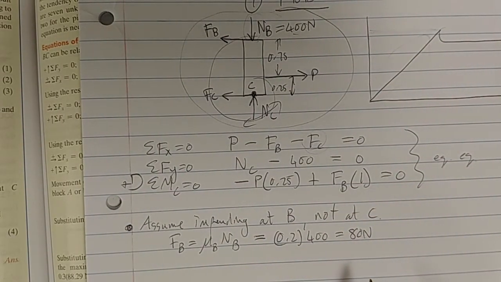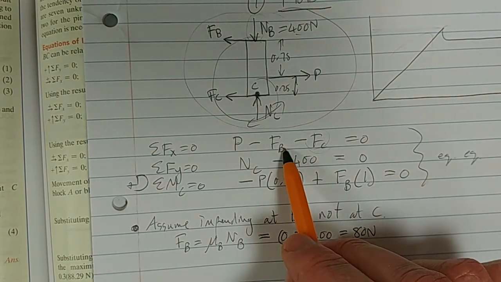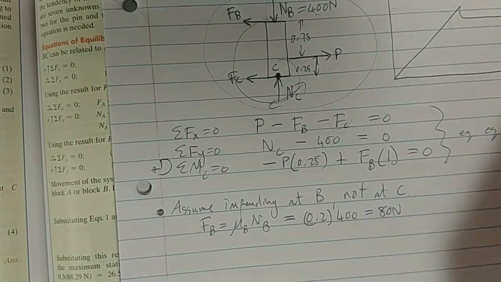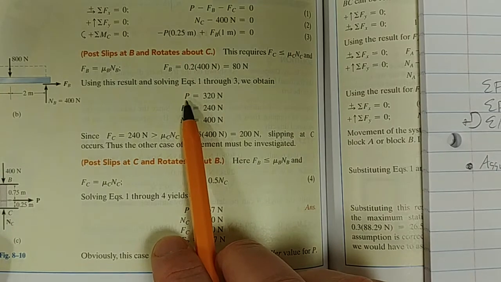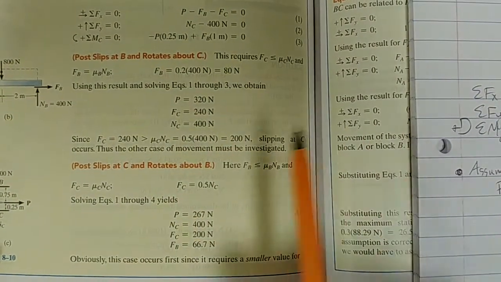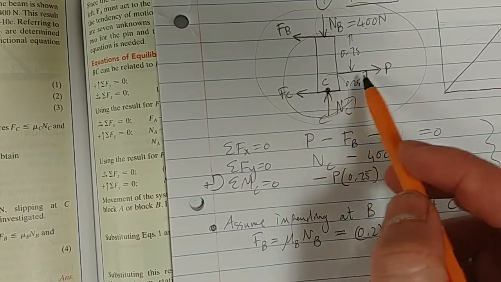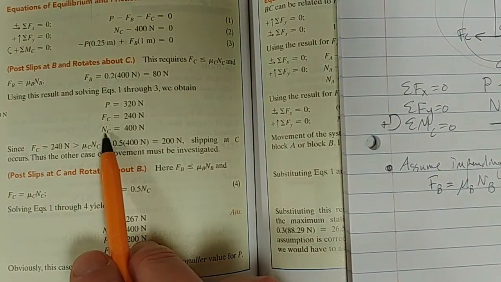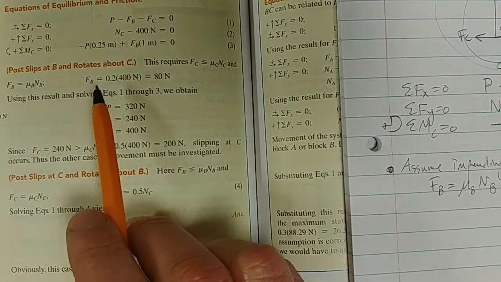I'm not going to do all the calculations, but if we put that into there and solve all our equations, the textbook shows us that we get a force P equal to 320, FC equal to 240, and the normal force, which we calculated before, is 400.